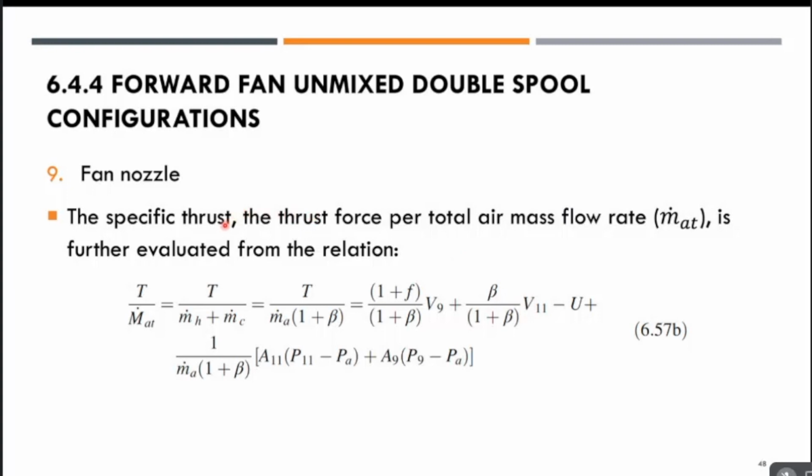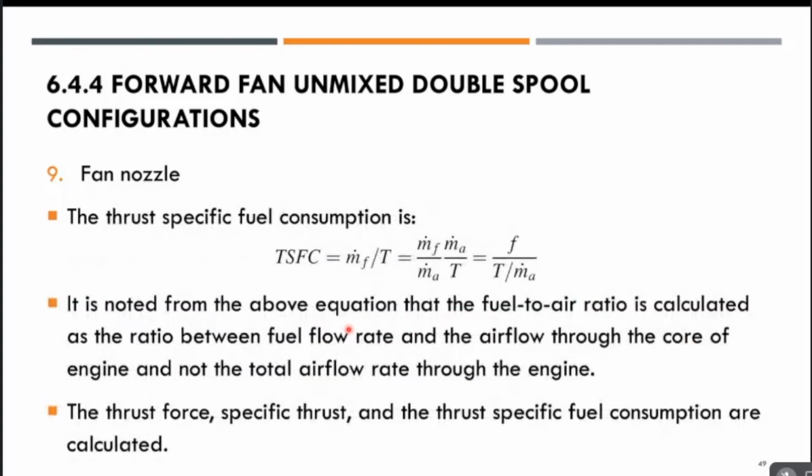The specific thrust, the thrust force per total air mass flow rate, m dot at, is further evaluated. The total mass flow rate you can get from expression 6.57b. With regard to the thrust specific fuel consumption, TSFC, m dot f over T, you can have that expression.